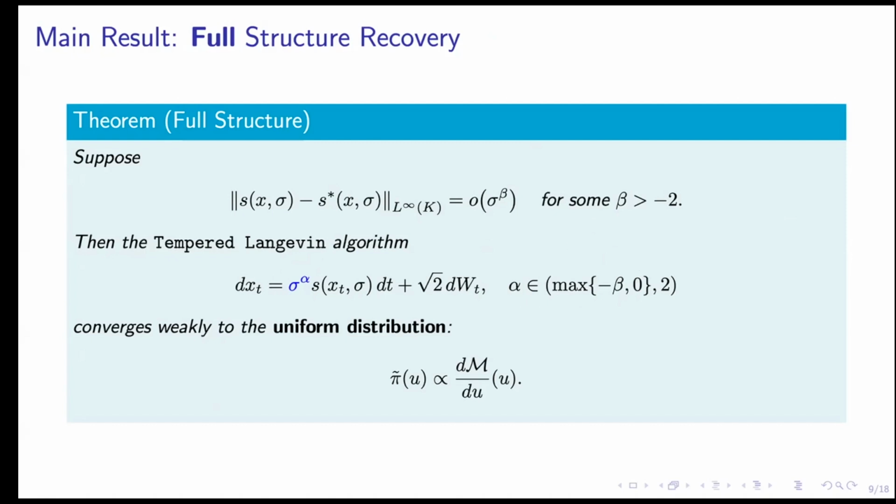This has quite some implications, we believe, in many fields. For manifold learning, being able to do uniform distribution sampling indicates that we have fully learned the manifold, so we can approximate the Laplace-Beltrami operator on the manifold. It can also be used for solving PDEs on the manifold by the Monte Carlo method.